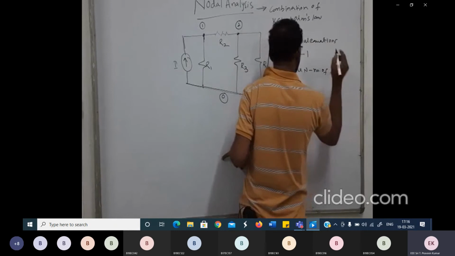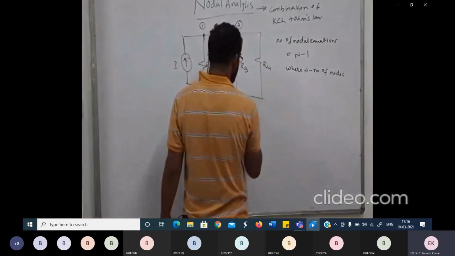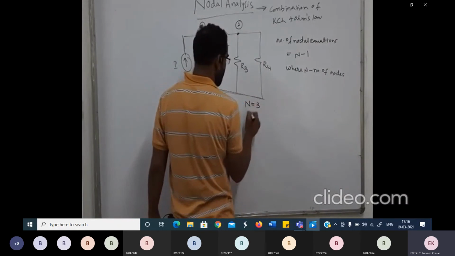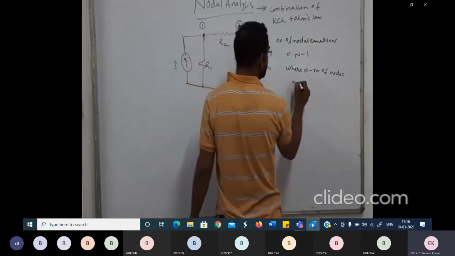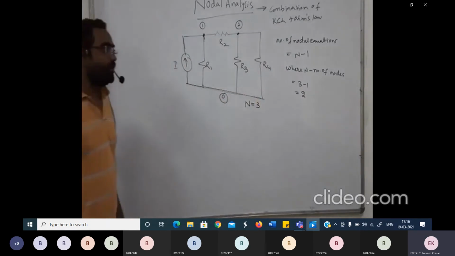Now if you look at this circuit, the total number of nodes for this problem is 3. So the number of nodal equations will be 3 minus 1, which is equal to 2 equations only. We write only 2 equations.